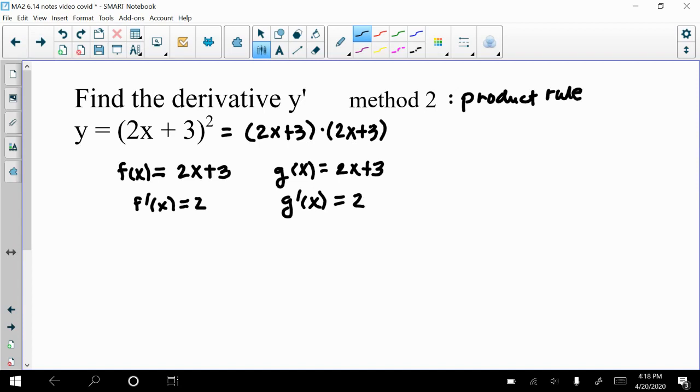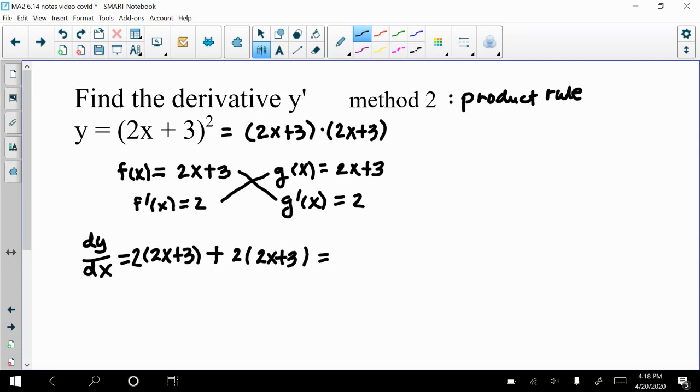So the product rule is dy/dx equals the first function, which is 2x plus 3, use parentheses around it because it's going to be multiplied by the derivative of the second function, which is 2, added to the second function, which is g of x, multiplied by the first function, which is 2. So also 2 times (2x plus 3).